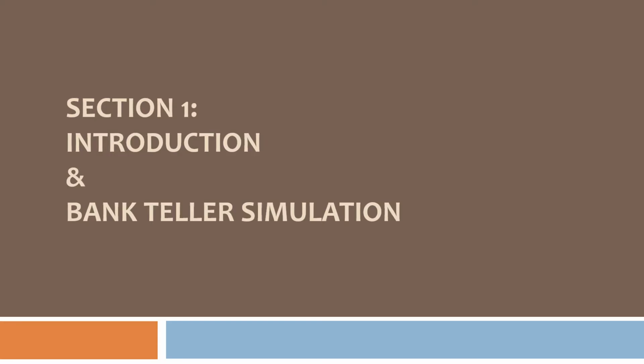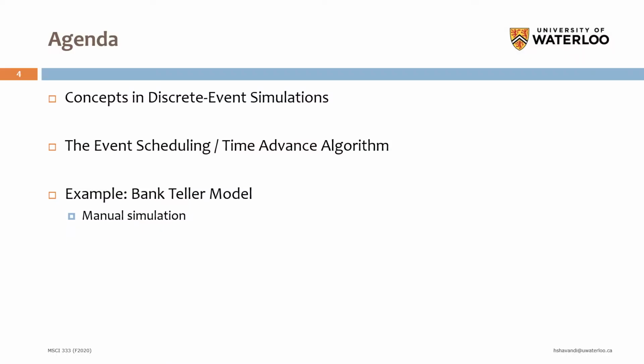So section 1 of chapter 3 is about an introduction and an example about the bank teller simulation. In this section, we will have the concepts in discrete event simulation. We had these concepts in chapter 1, so we are going to review them here as well, just to be fresh to learn the principles of discrete event simulation.